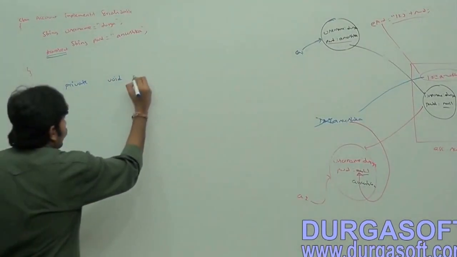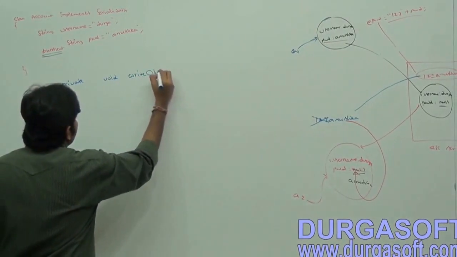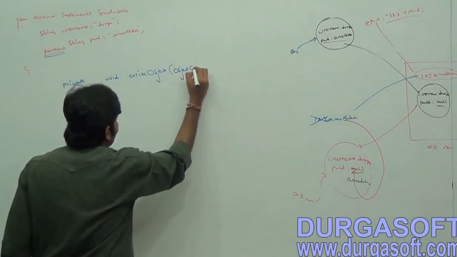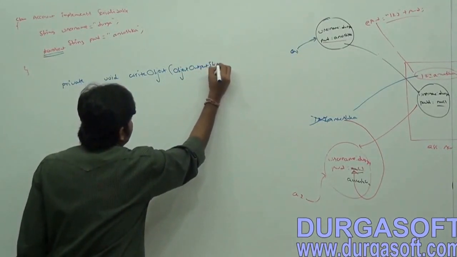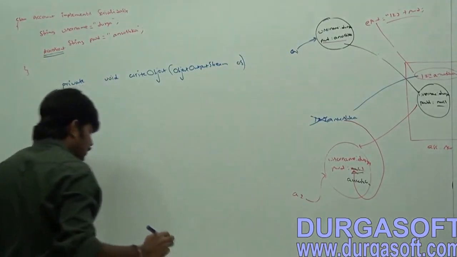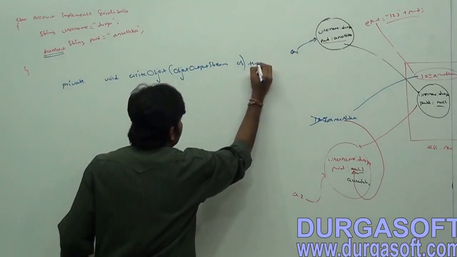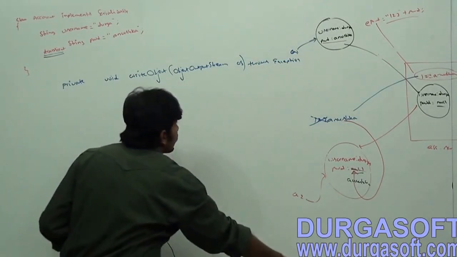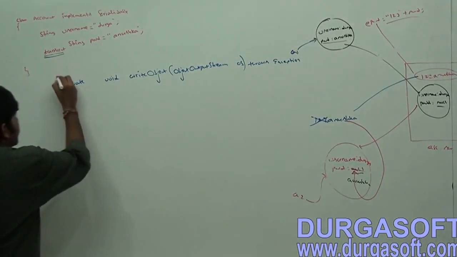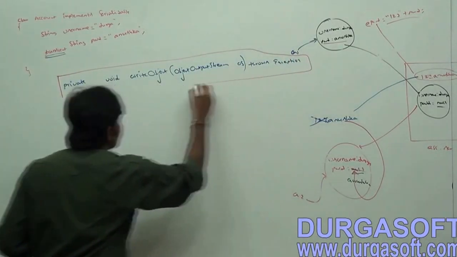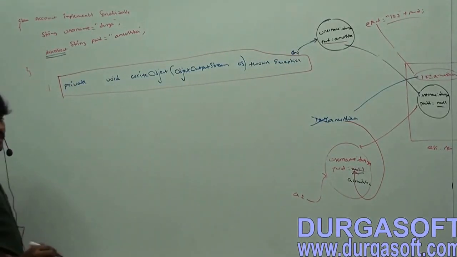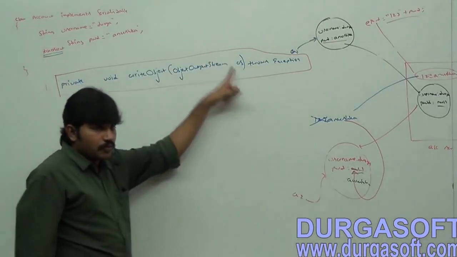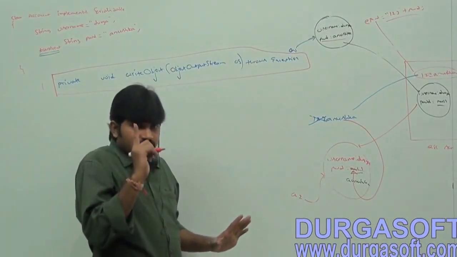Private void writeObject(ObjectOutputStream os) throws Exception. This is the first method. The signature must be exactly like this. So the first method is private void writeObject of ObjectOutputStream os throws Exception.